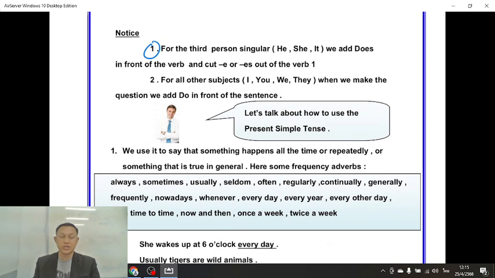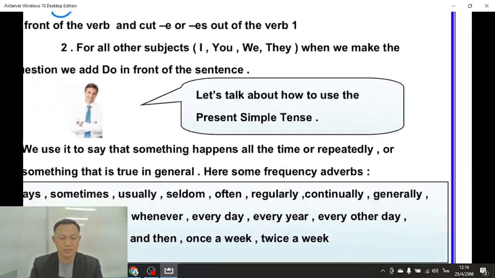For the third person singular, he, she, it, we add does in front of the verb and cut s or es out of the verb 1. 2. For all other subjects, I, you, we, they, we make the question, we add do in front of the sentence.